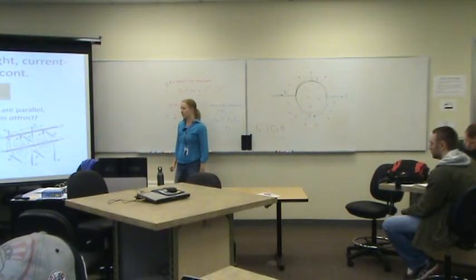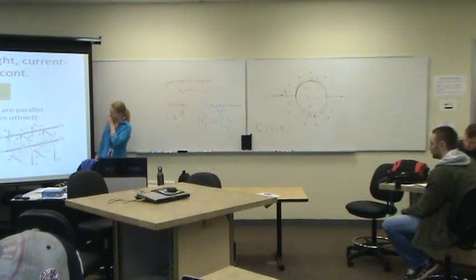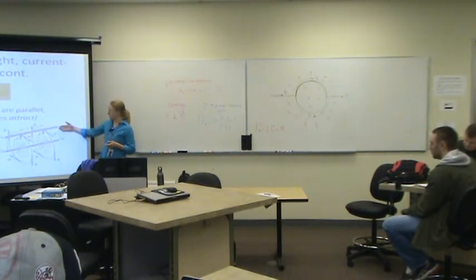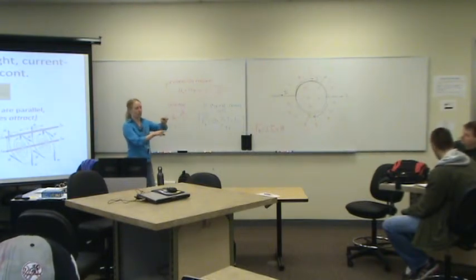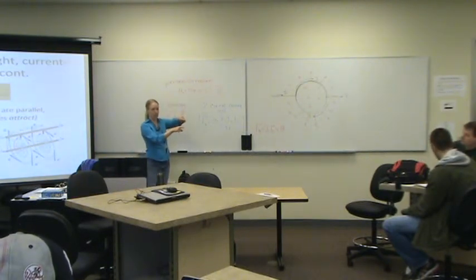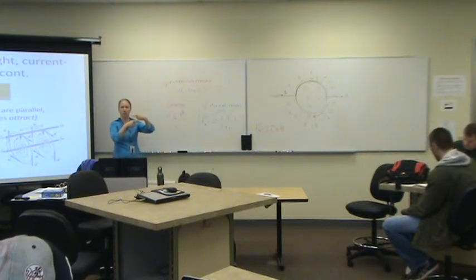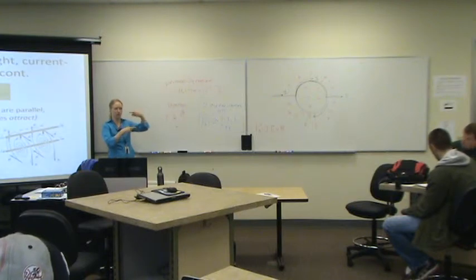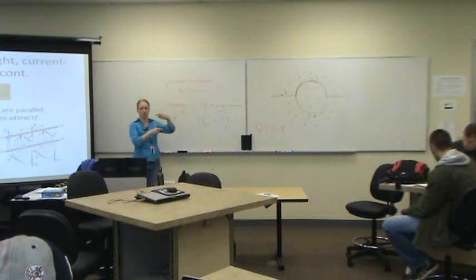So you can kind of walk through the logic for other situations as well. But what we've learned here is that for two currents that are in the same direction, the forces are going to be pulling towards each other. And if you've got one of the currents in the opposite direction, then you'll find that the forces are repelling each other. So currents in the same direction attract, and currents in opposite directions repel.